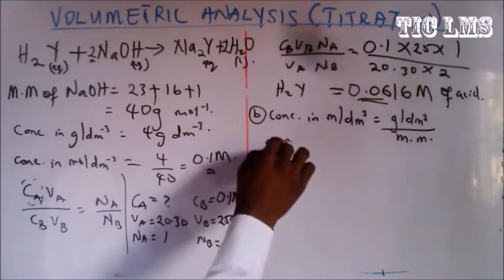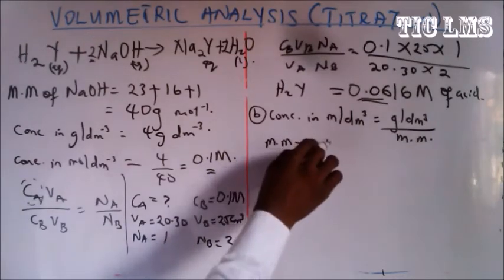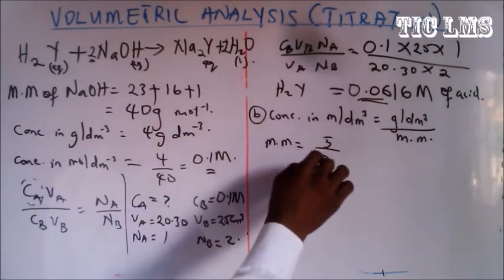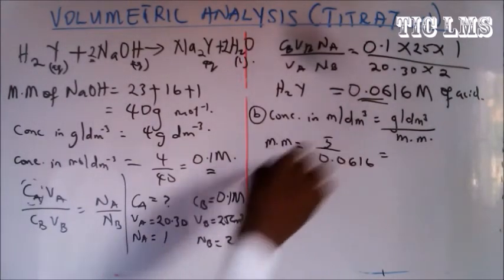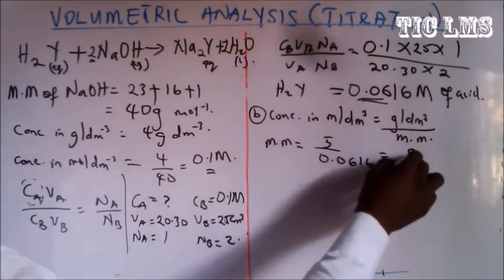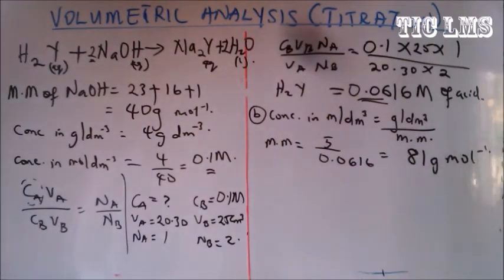So the molar mass will be concentration in gram per dm cubed, which is 5, over concentration in mole per dm cubed, which is 0.0616. And when we calculate this, we will approximately get 81 gram per mole. Now, this is the molar mass of the acid.